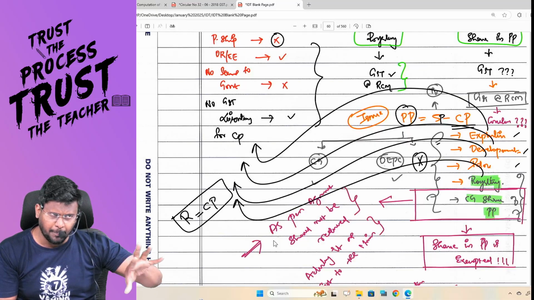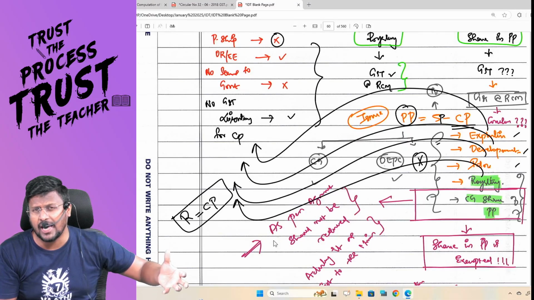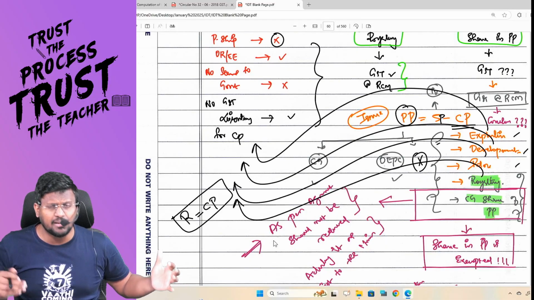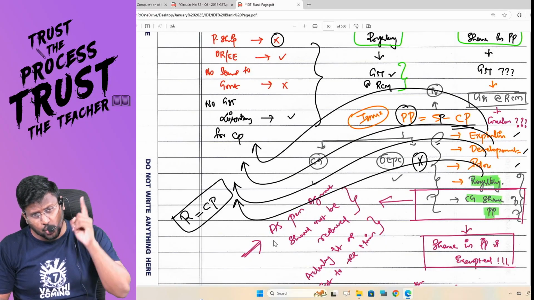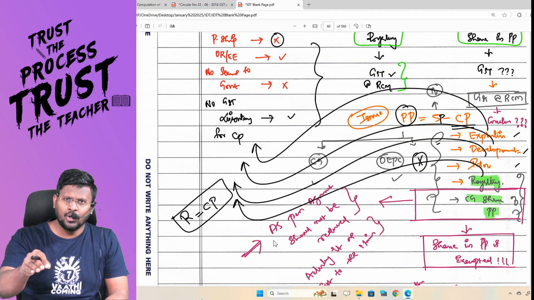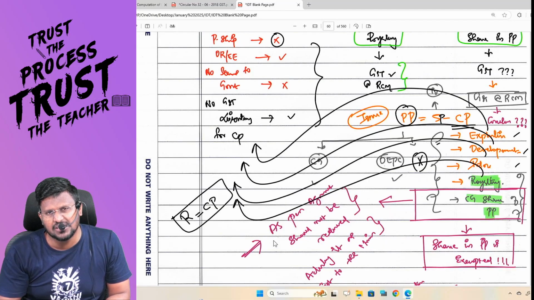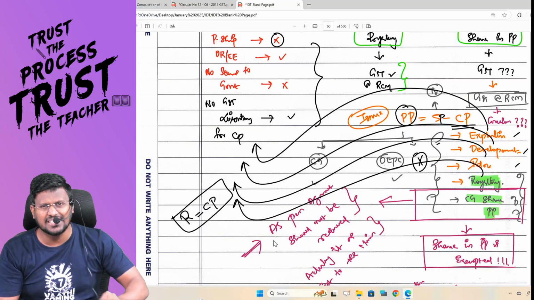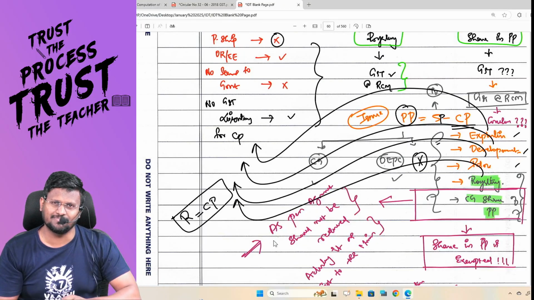Actually, from the profit petroleum, some portion of the share will be taken by the central government. Even that is also a cost to the OEPC from the angle of OEPC. Yes, sir. That is also a cost.